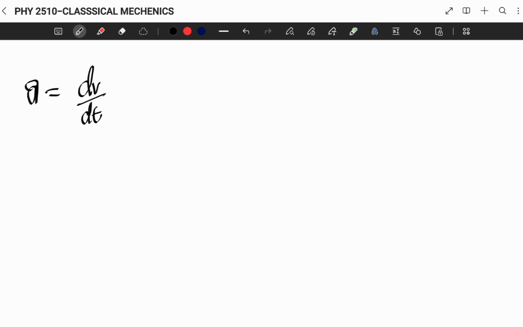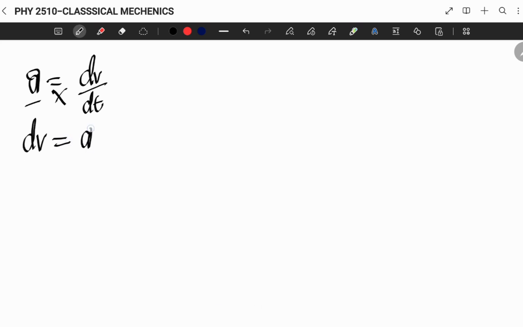So if we have this and we want to make v the subject of the formula, we are going to do this cross multiplication right there. So 1 times that is going to give us dv is equal to a dt, something like that.